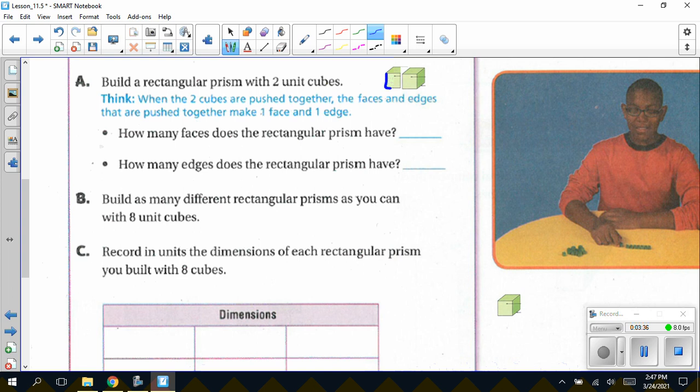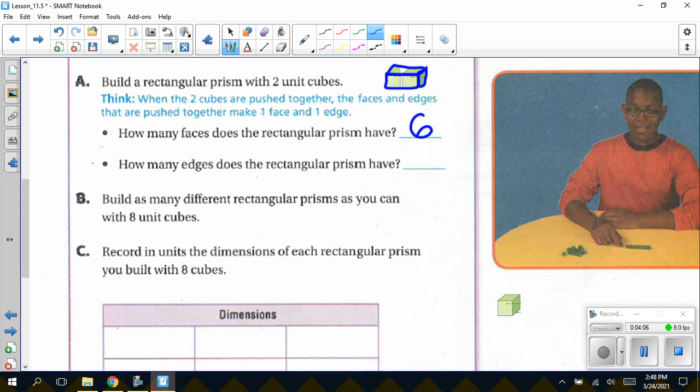I still have the front face, which means it would have the back face. So there's 2. Then you have the top face, which then you would also have the bottom. So that's another 2, so that's 4. And then you would have both side faces. So that would be another 2 faces. So there would be 6 faces total in this rectangular prism.